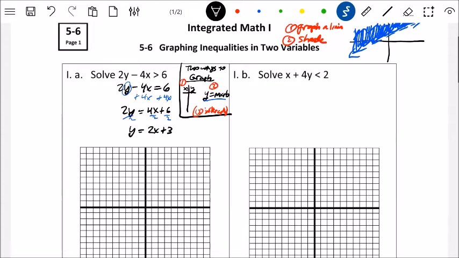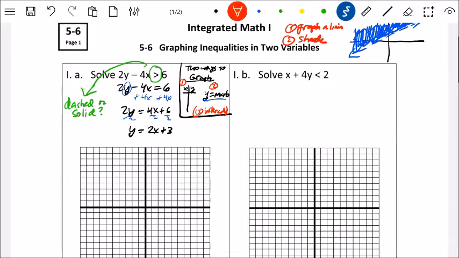So now I'm going to put that line on there, but here's the step that you have to watch next, and that's this inequality. Do we do that as a dashed line or a solid line?